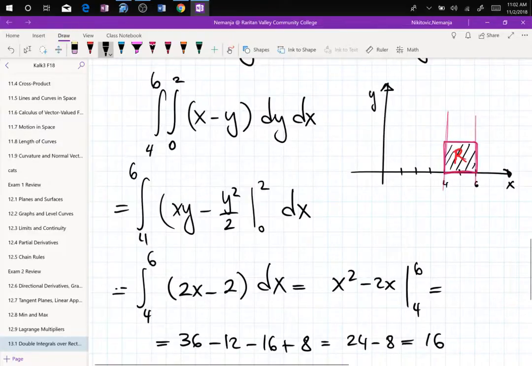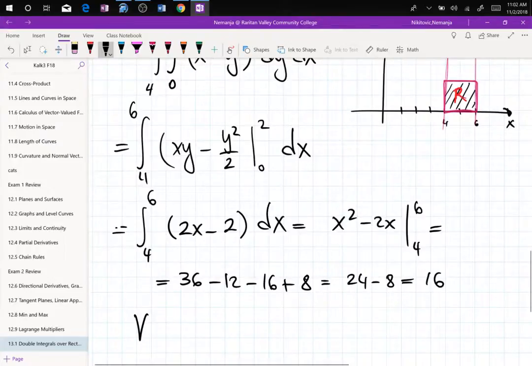What have I calculated? Well, I calculated the volume. Volume equals 16 units cubed. Centimeters, inches cubed, whatever the units were. Why is it a volume? Well, what did I do?